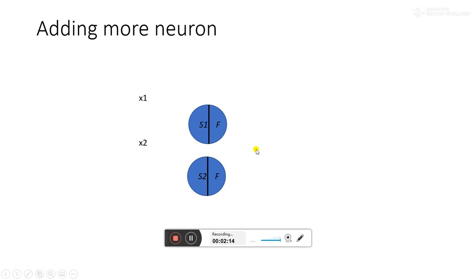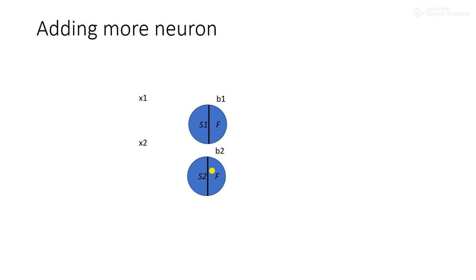We have two inputs, and we're going to put two neurons there. In each neuron, basically what you're going to have is a summation product and a function f. So S1 is considered the summation product, f is a function. S1 is for this node and S2 for this node. And the f function for both is the same. Okay, so this is where you have two neurons.